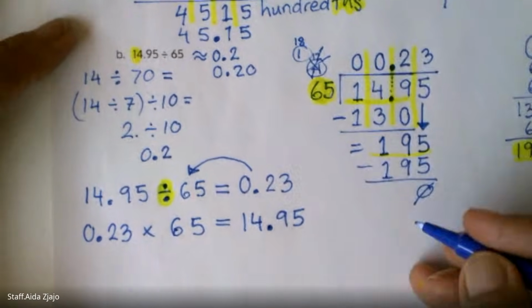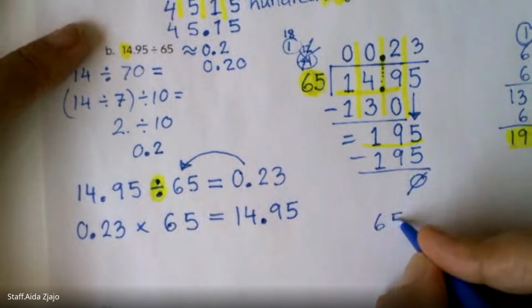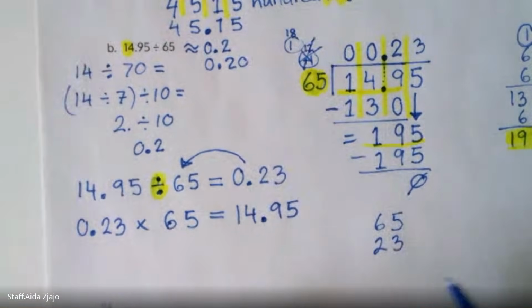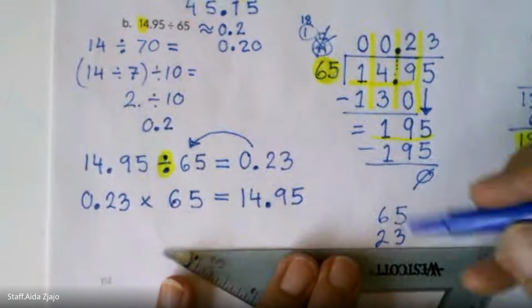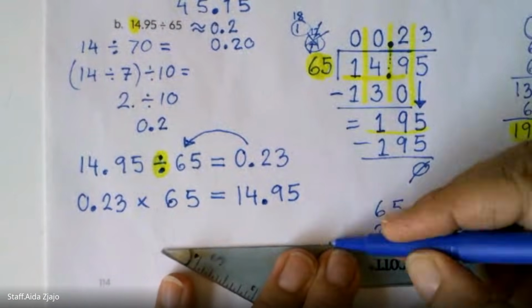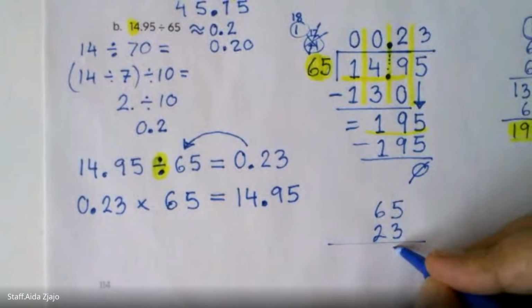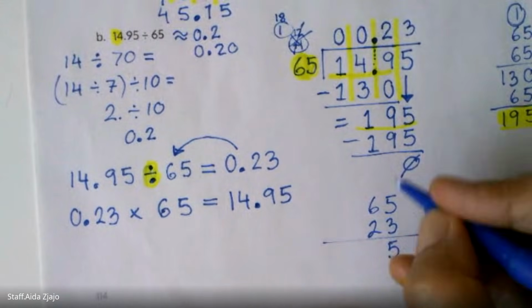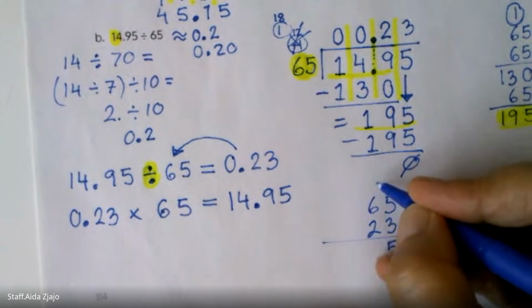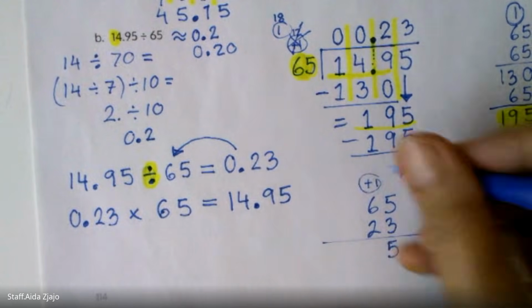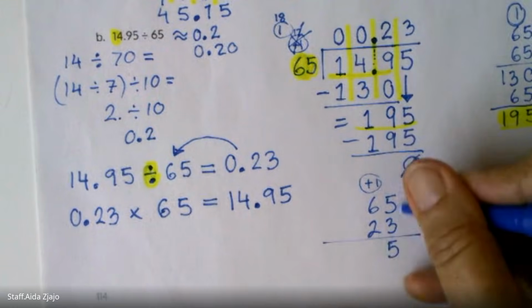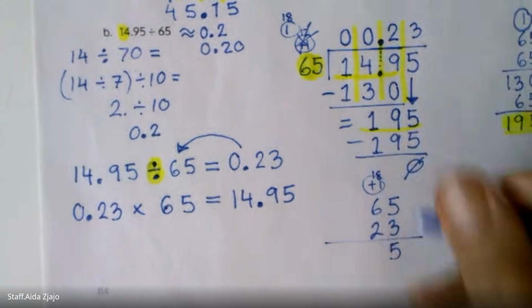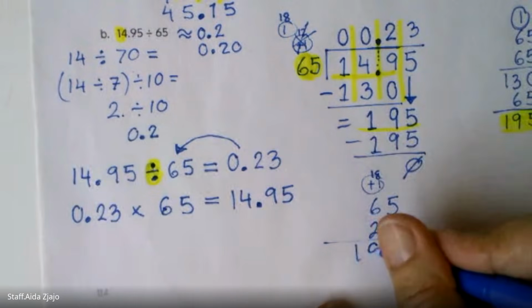So I'm just going to do 65 times 23. We're going to use the standard algorithm. 3 times 5 is 15. 3 times 6 is 18 plus 1. Remember 1. 3 times 6 is 18 plus 1 is 19.